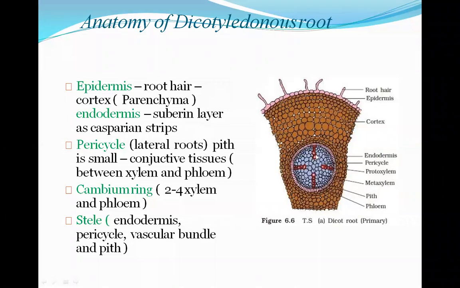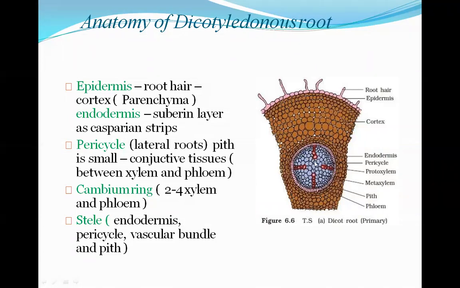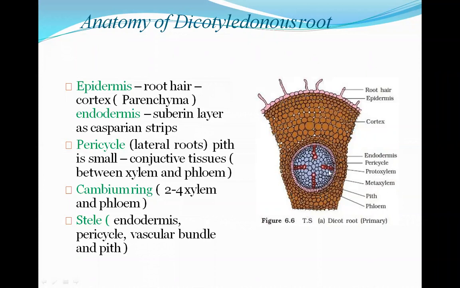And whatever you see here with the red color, that is the xylem, right? And the purple colored one is known as the phloem, right? So here what you can see is that in xylem there are two types, protoxylem and metaxylem. The primary or initially forming xylem is known as protoxylem, and the one which has already matured is known as the metaxylem.